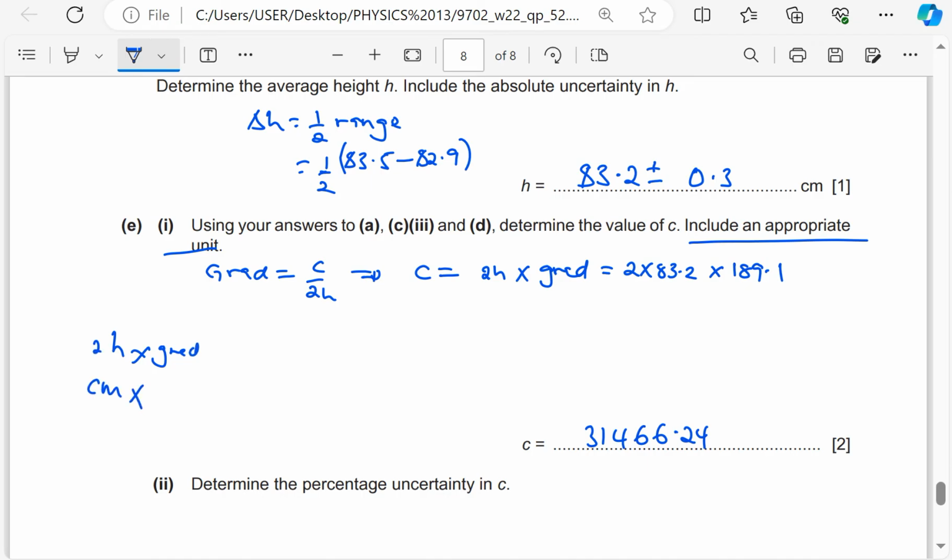Gradient on the vertical it was hertz, divide by on the horizontal it was a unit, so it is centimeters hertz. But remember hertz is the same as per second. It doesn't make sense to say centimeters hertz, so it is going to be centimeters per second.